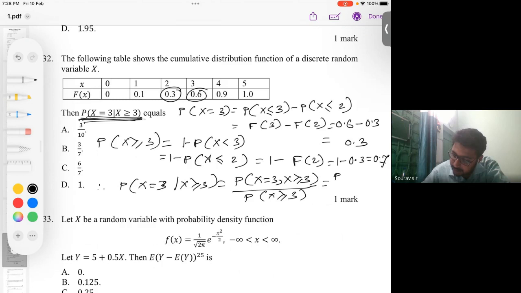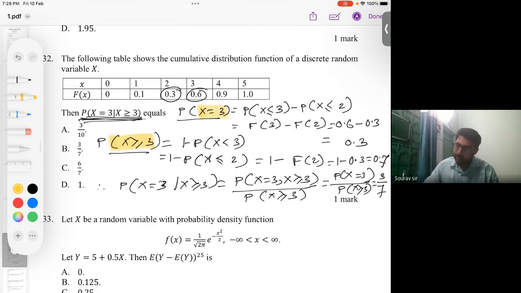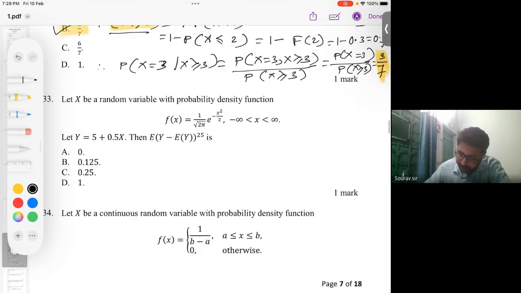We have already found the values, and this value will be 3 by 7. So 3 by 7 is my answer, which is equivalent to option B. So the correct answer of question number 32 is option B.